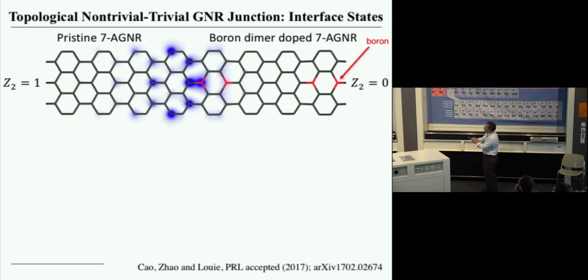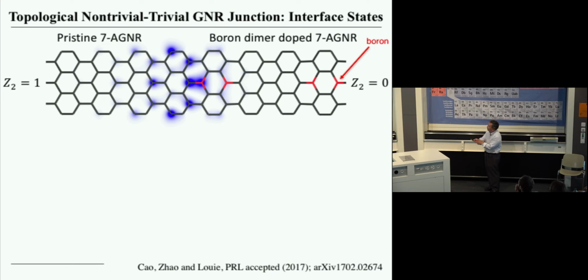So what one finds is that by doping the system, you introduce dopant bands in the material, and those bands have a different Zak phase or Berry phase, so that it could modify the topological phase of the system.